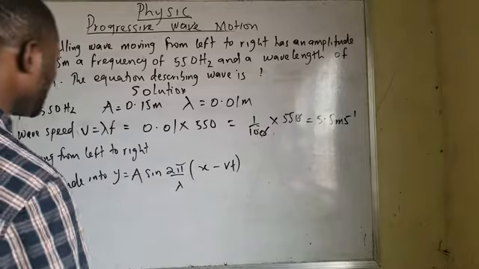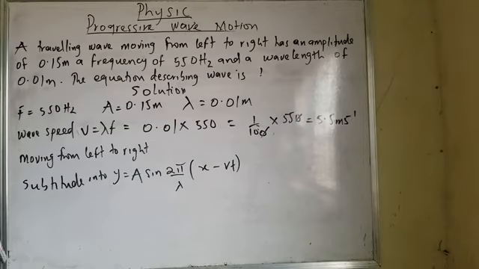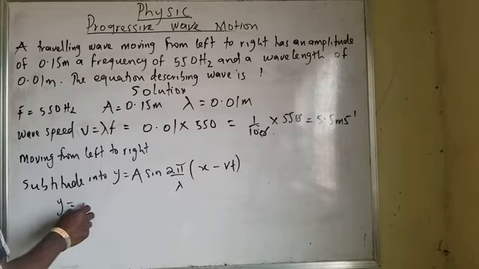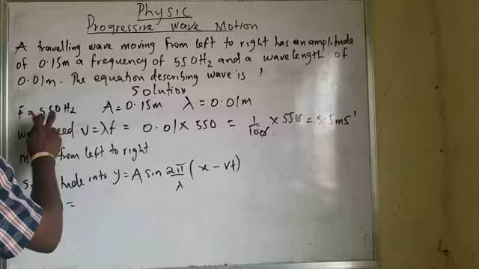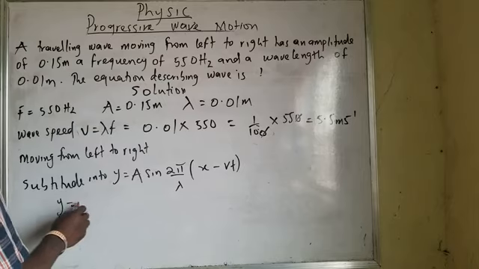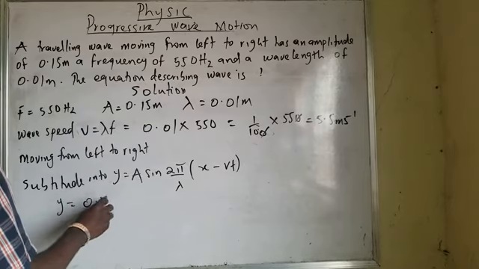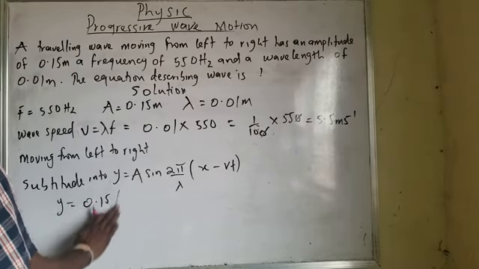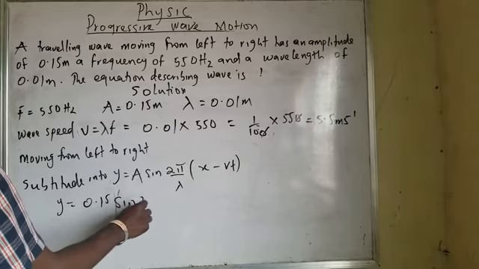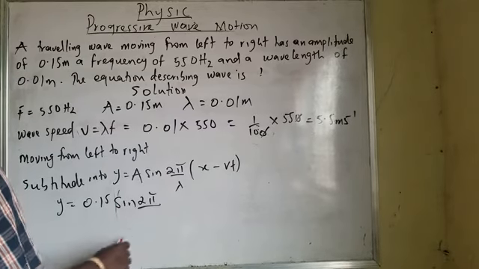Now, what else did I need? I have my y equals to, my amplitude is 0.15 bracket, which is going to be sine 2 pi. What is my lambda?